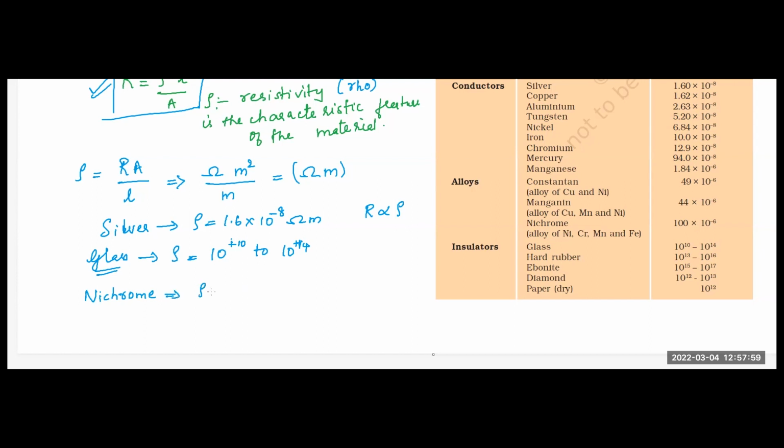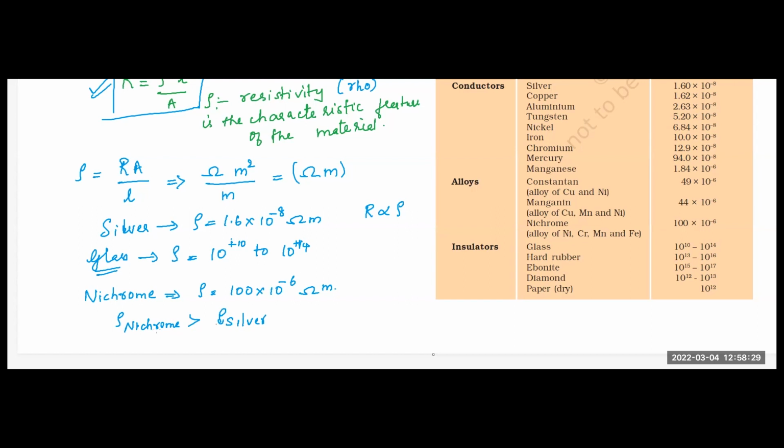Nichrome has a resistivity of 100 into 10 to the power of -6. When you compare that with silver, silver has 1.6 into 10 to the power of -8. So this has -8 and this has -6. Which one will have more resistivity? The resistivity of nichrome is greater than the resistivity of silver.